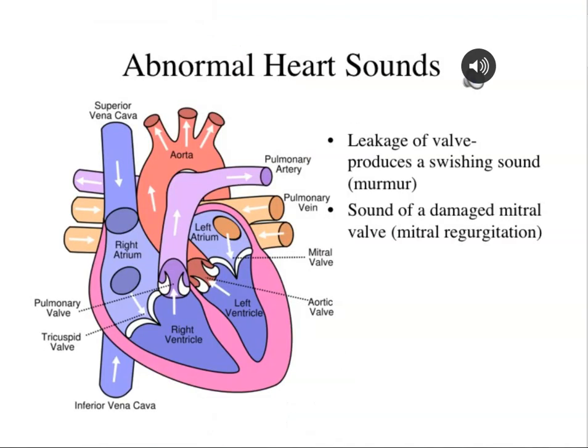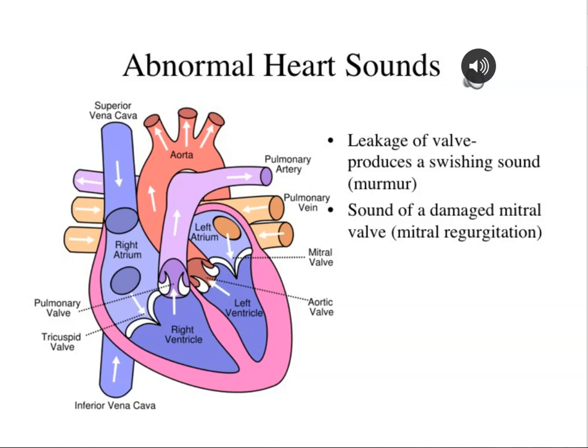So now that you know what normal heart sounds are, the lub-dub: the first heart sound, the lub, is the closing of what valves? The AV valves. The second heart sound, the dub, is the closing of the semilunar valves.